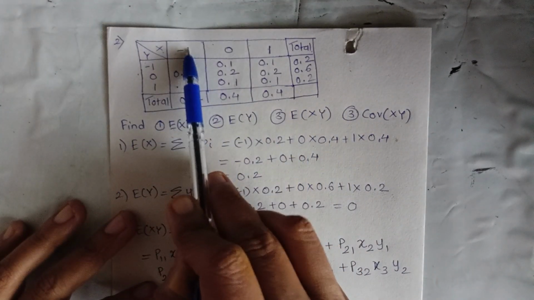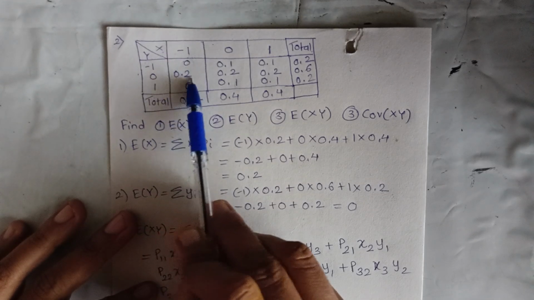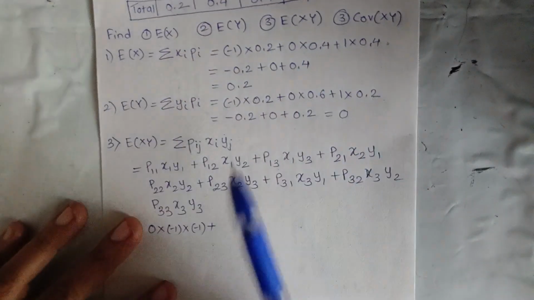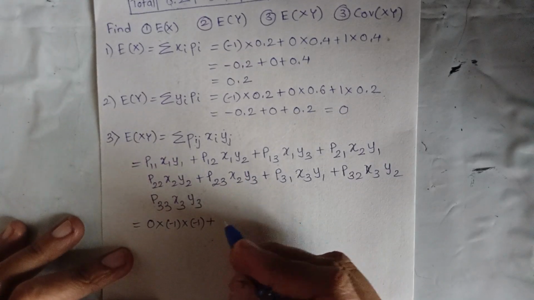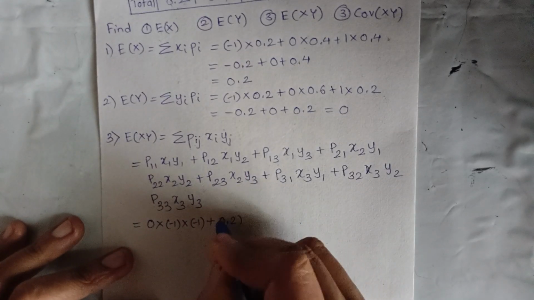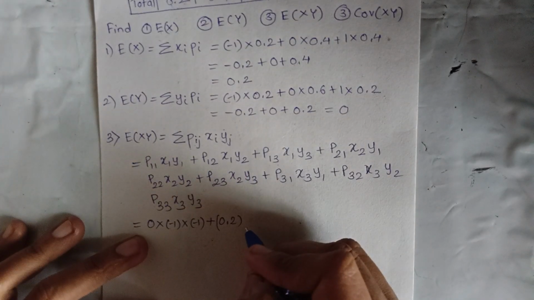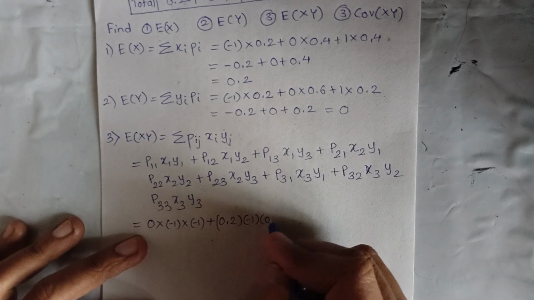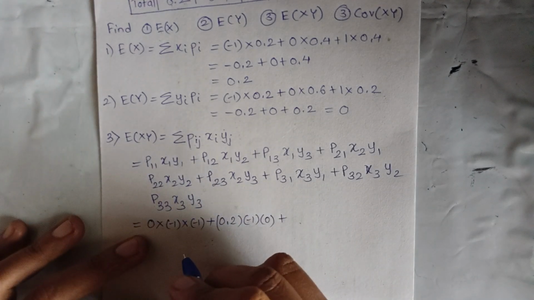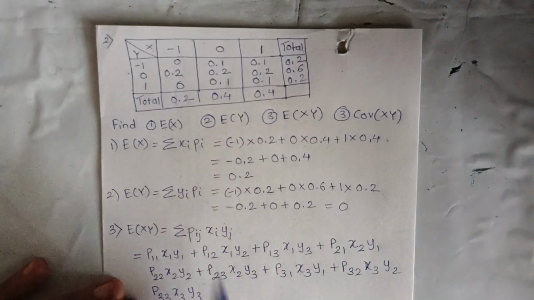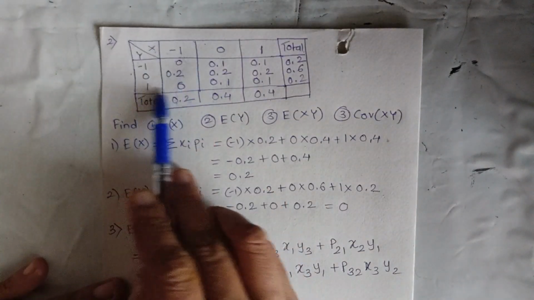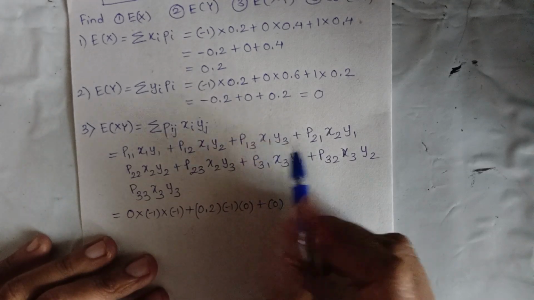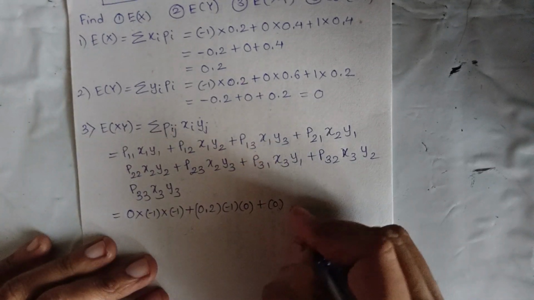So this is probability 0.2. So x1 is minus 1, y2 is 0. Okay, P of 1, 3. X is 1, y is 3, 0. Again 0. So I'll not write x1 and y3 because this will be 0.